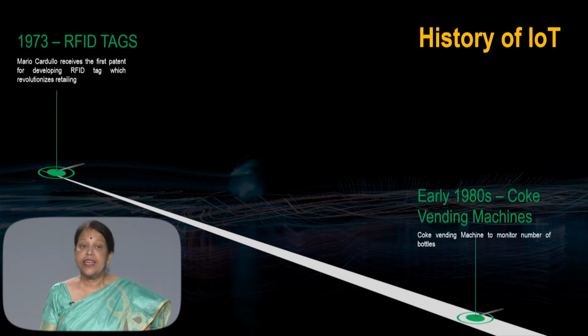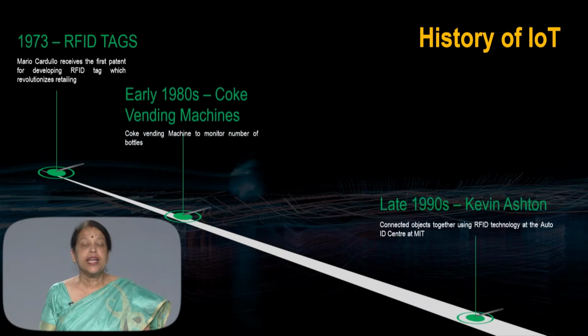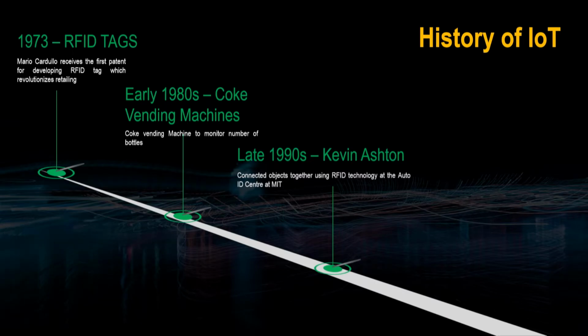In the 1980s, a Coke vending machine was also developed, but in the 1990s, Kevin Ashton practically used this RFID technology when he was working at Procter and Gamble. He used RFID tags on all the stationary items to track the inventories. So, that is why Kevin Ashton is known as the father of IoT.